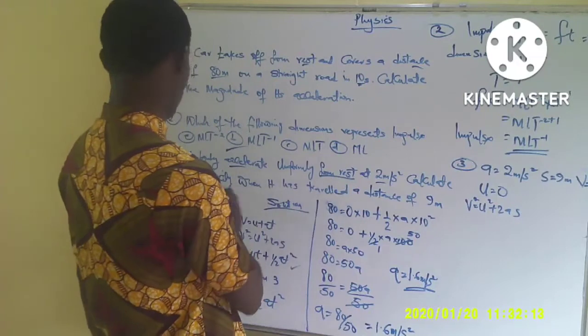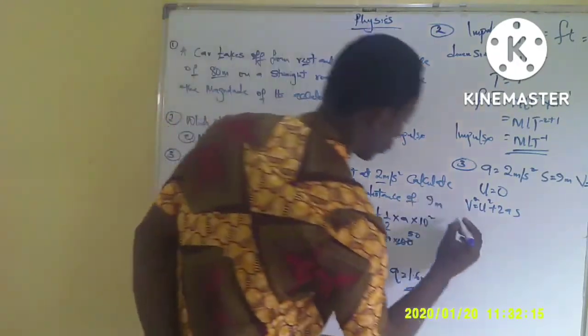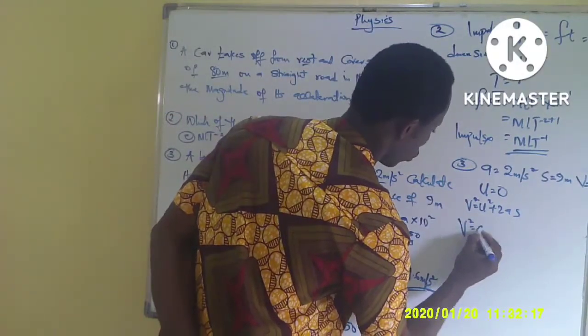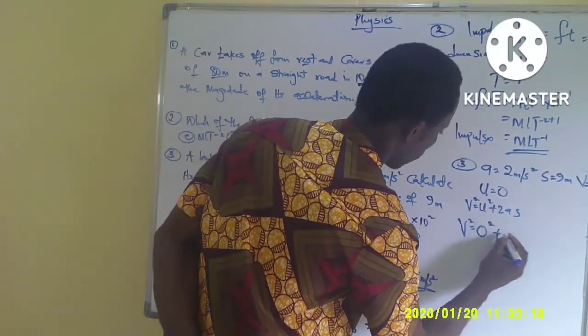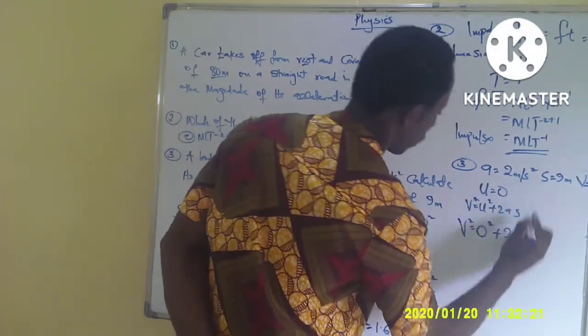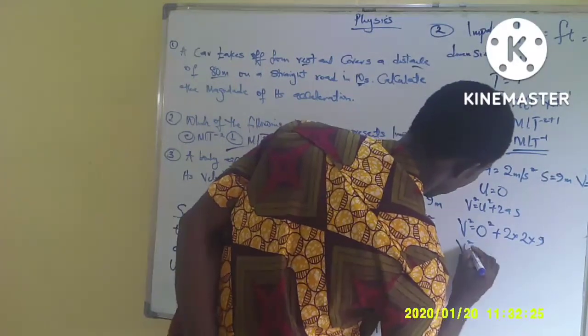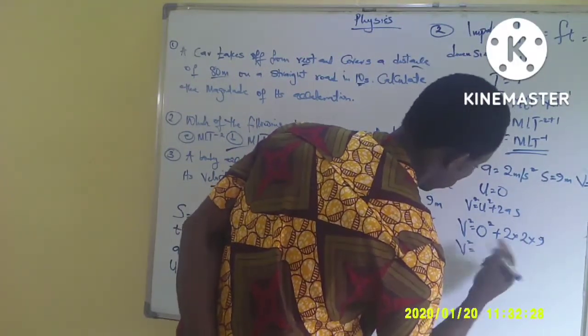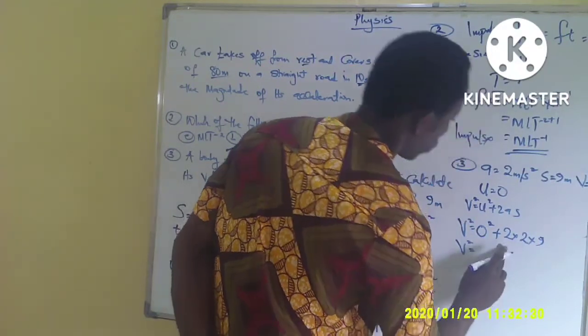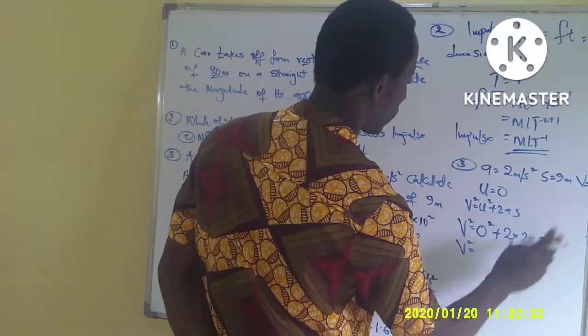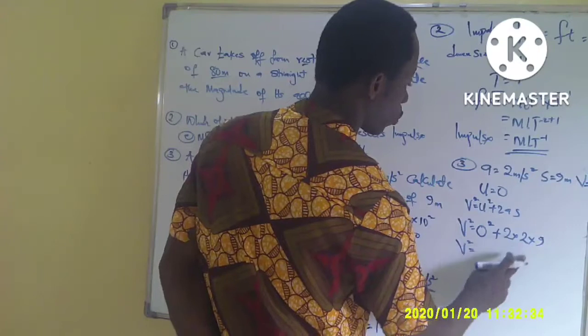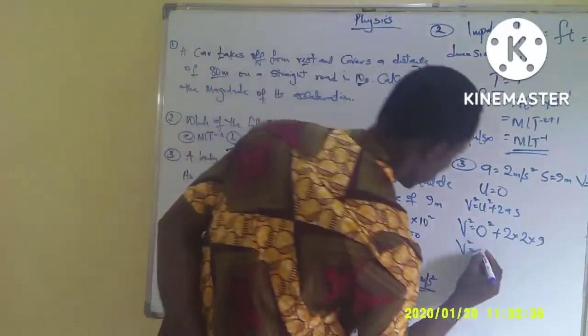We're asked to look for the velocity. So now v squared is equal to u squared, which is 0, plus 2 times a, which is 2, times x, which is 9. So v squared is equal to 0 squared, which is always 0, plus 2 times 2 times 9. 2 times 2 gives us 4. 4 times 9 gives us 36.